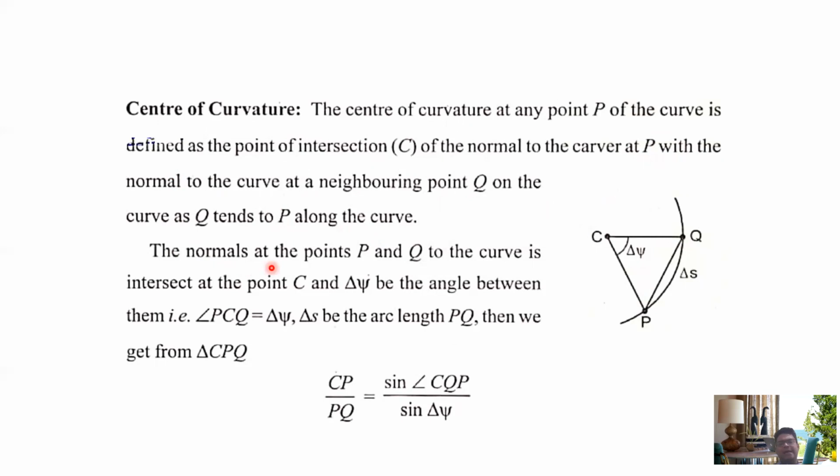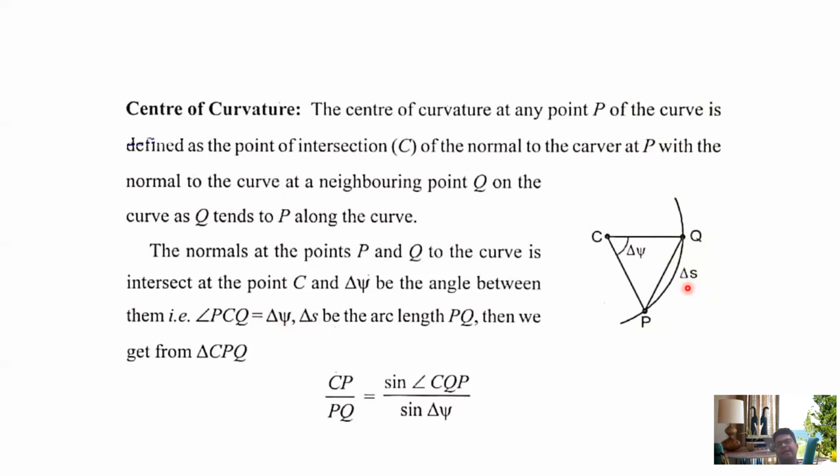The normals at the points P and Q to the curve intersect at the point C, and del psi is the angle between them, that is PCQ from the figure is equal to del psi.